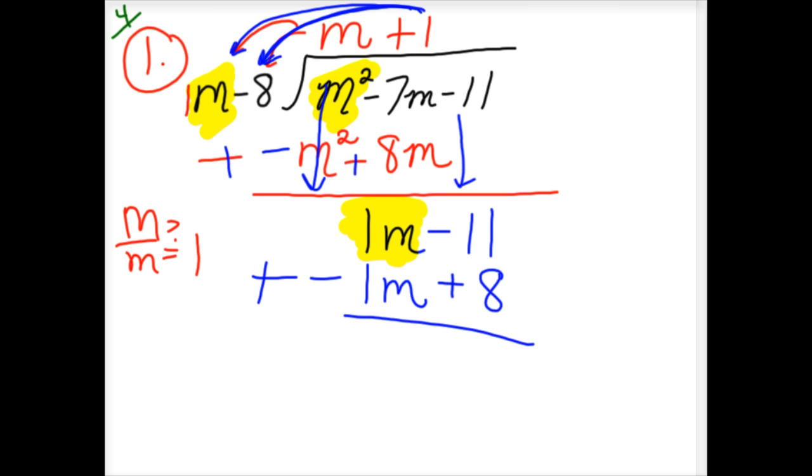When I add the opposite, negative 11 plus 8 gives me a minus 3. I have nothing else to drop down. So what does that mean? It means I've hit my remainder. So I take that remainder and I write it as a minus 3 over m minus 8.